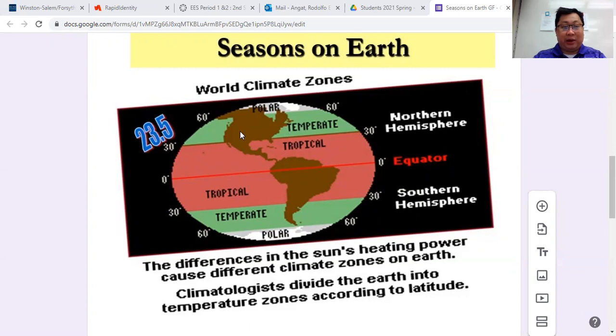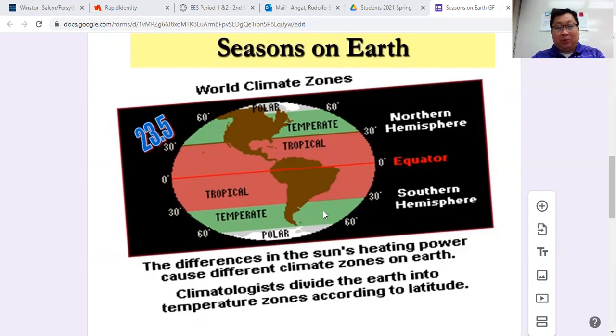And this is where the United States is located, most of it. And 30 degrees to 60 degrees south is also temperate. And finally, 60 to 90 would be polar north. 60 to 90 is also polar south.